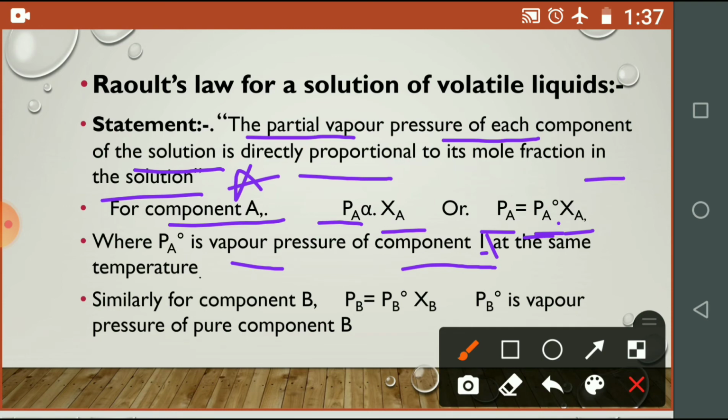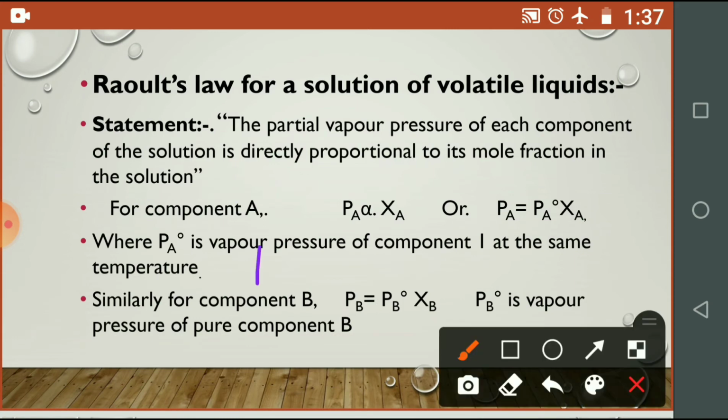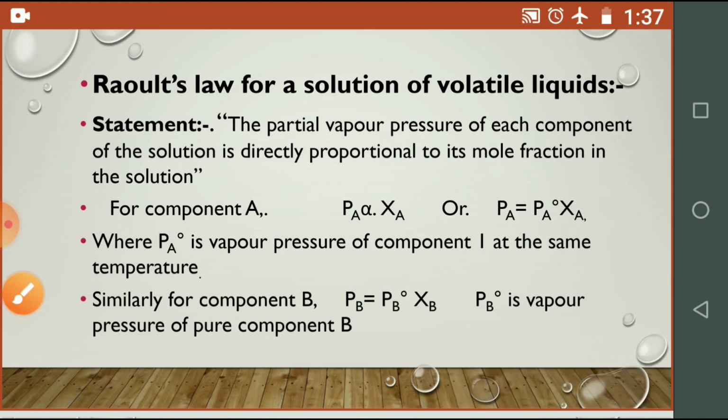Similarly, for component B, PB is proportional to XB, or we can write PB is equal to P naught B into XB. Here P naught B is the vapor pressure of pure component B.